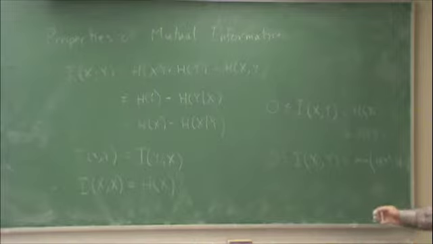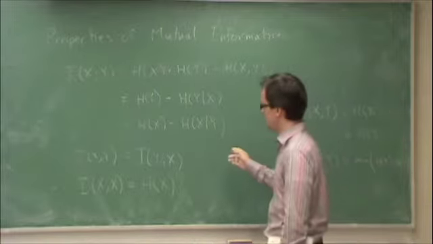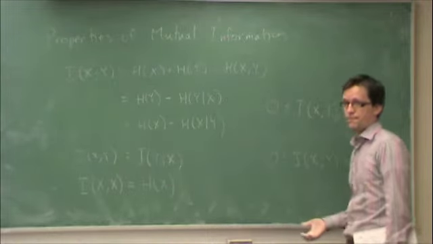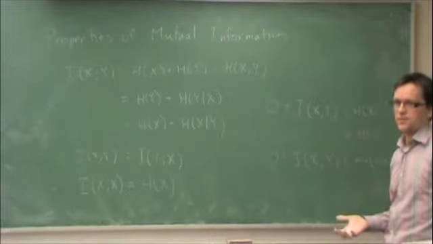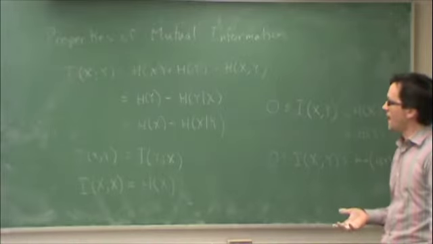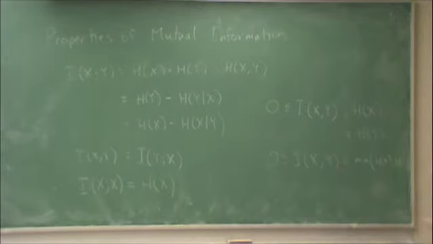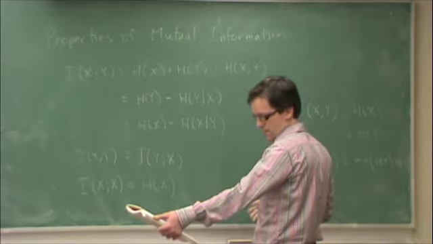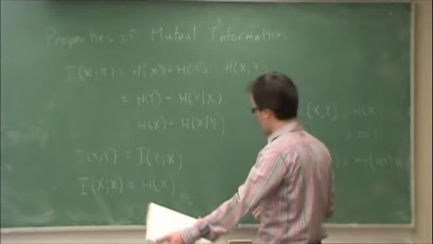So if this is a binary channel, then the maximum is 1, that's right. But that's because the maximum value of H of x in a binary channel is 1. Okay, that's actually a good point.